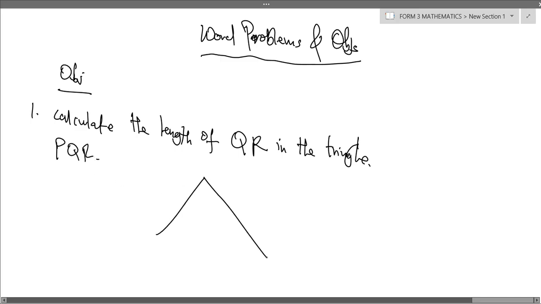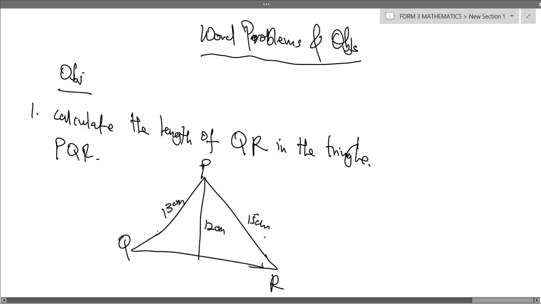So this is triangle PQR we have over here. We have 13 centimeters here, 12 centimeters here, 15 centimeters here.